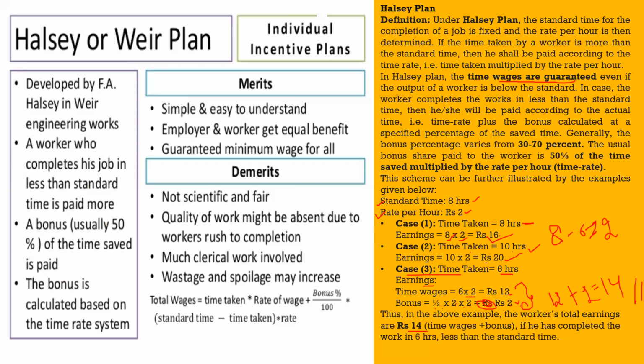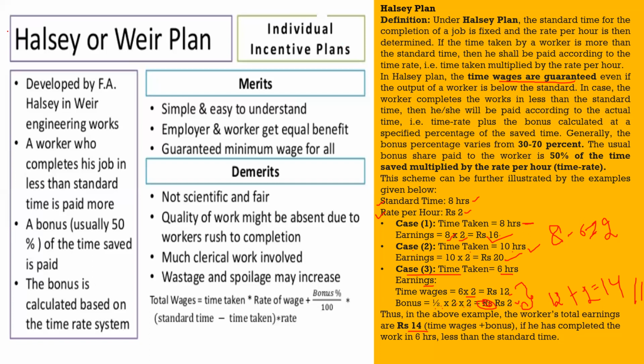You may be thinking in case 2, 10 into 2 is 20 rupees. I can work for 10 hours and gain 20 rupees, right? But you are working here only for 6 hours and you are getting an additional bonus for that also. That is a kind of appreciation you are getting from the company for your work and productivity level.